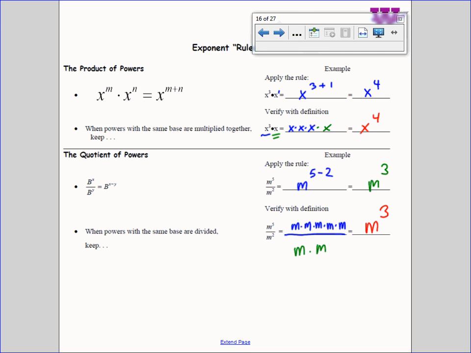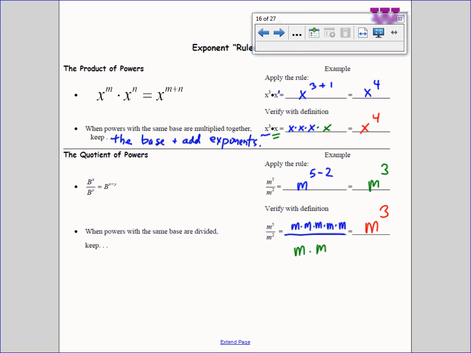When powers with the same base are multiplied together, keep the base and add exponents. So when powers with the same base are multiplied together, we keep the base and add the exponents.